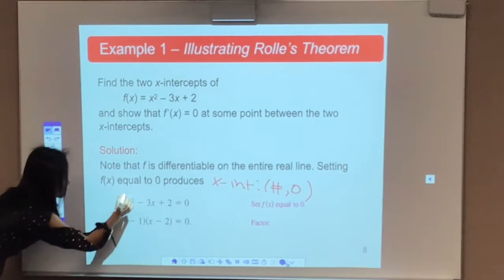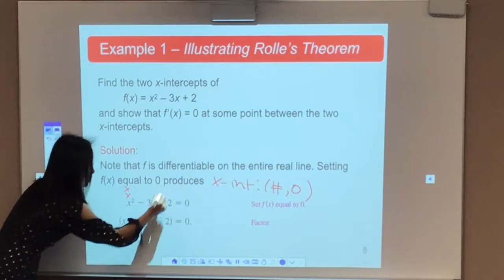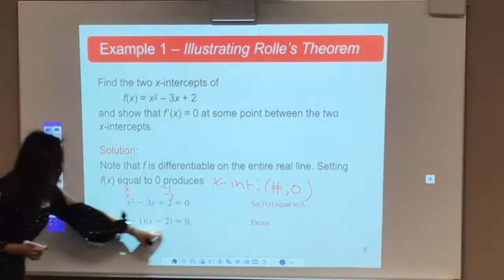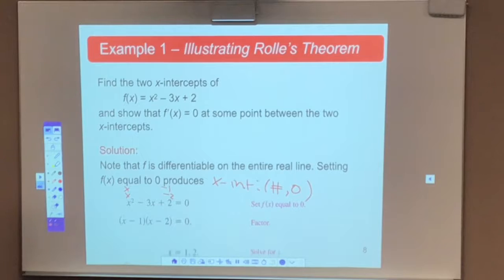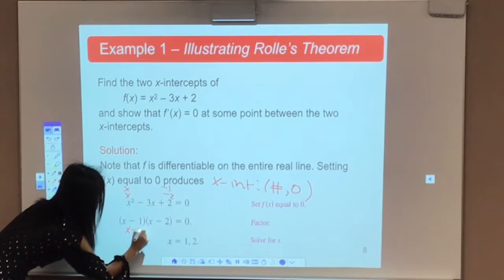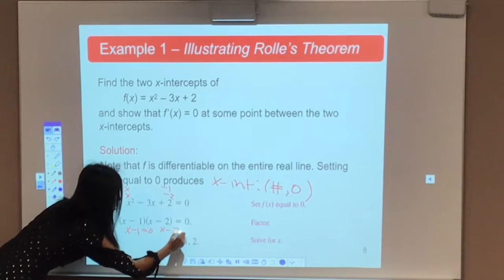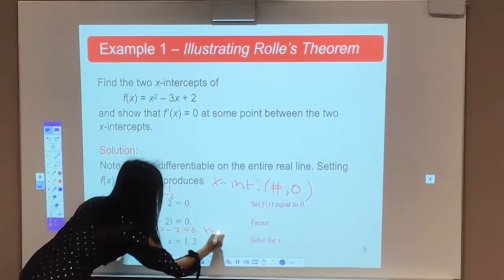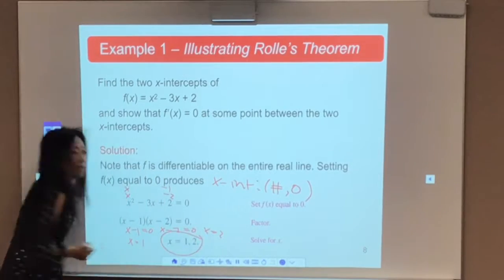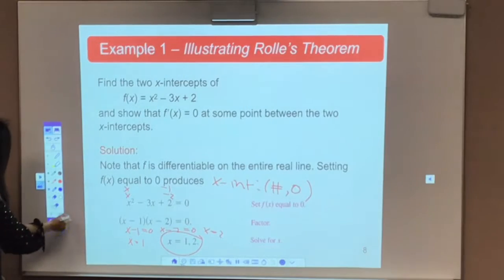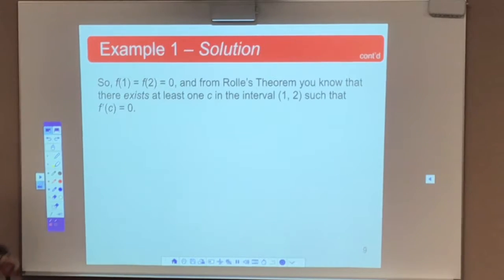When you factor this, you get (x minus 1)(x minus 2). So this gives you x equal to 1 or x equal to 2. All right, so we have two x-intercepts. So far so good? Okay. Now, let's plug it in.